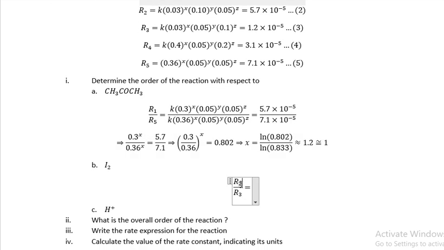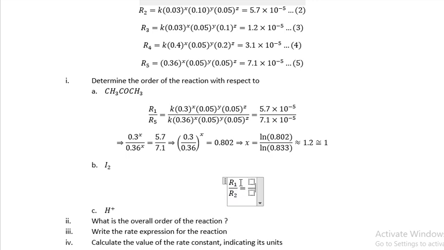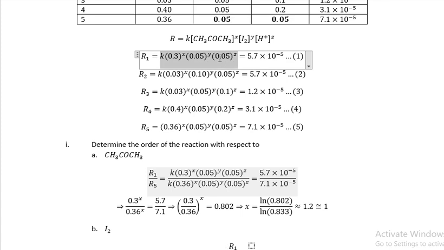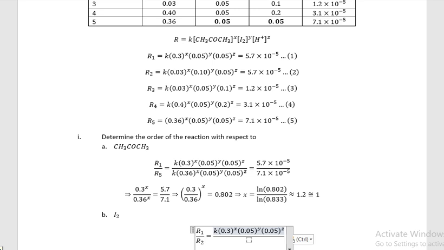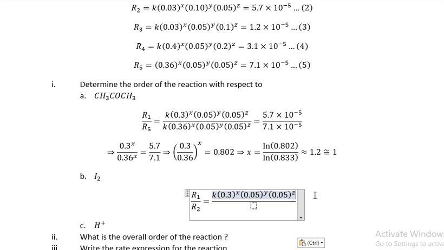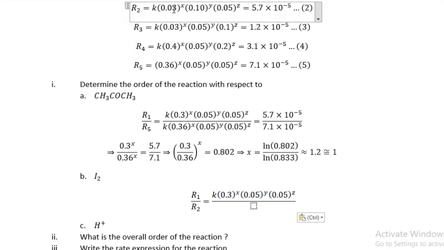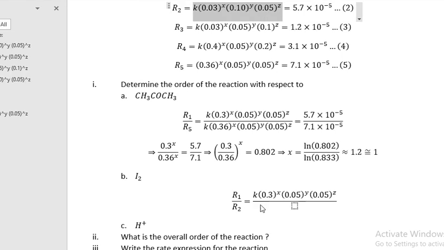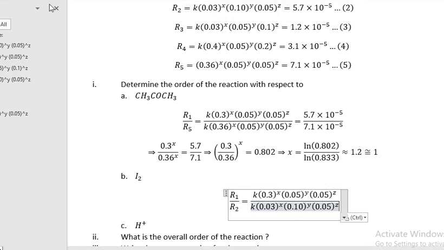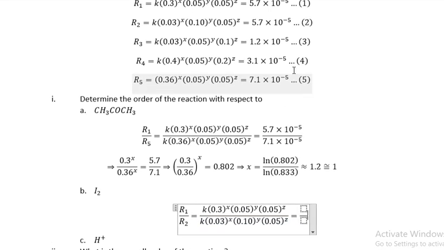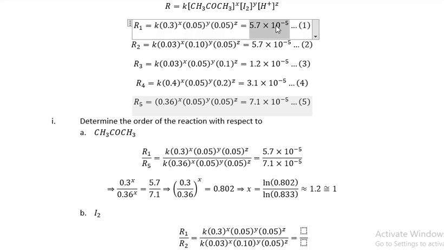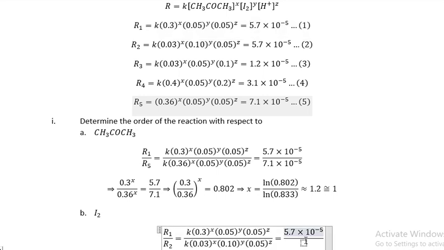So if I take rate 1 divided by rate 2, what am I going to have? This is rate 1, and this is rate 2. In actual sense, what we are saying is, we need to take this one, 5.7 here, and we also take this one.